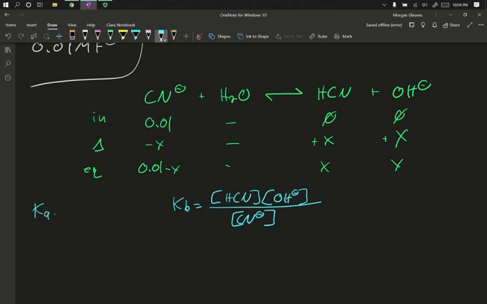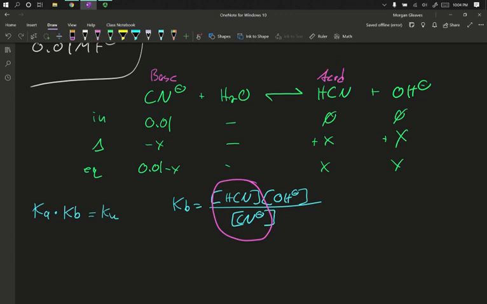Remember that your Ka times your Kb for a conjugate acid-base pair must always equal Kw. Well, my conjugate acid and base here: I've got my base, it's cyanide. I've got my acid, it's HCN. If the reverse reaction happens, HCN is going to give away that H plus to go backwards, and so it's the conjugate acid.